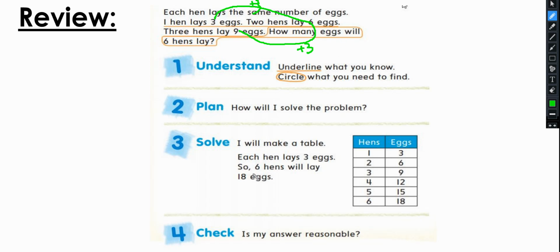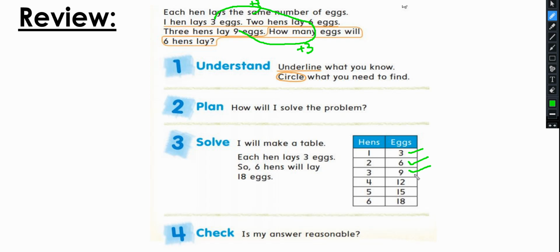Now let's solve it. We know that we have 6 hens. And we also know that 1 will lay 3, 2 will lay 6, and 3 will lay 9. So we have to continue with the pattern so that we get the total of 6 hens.